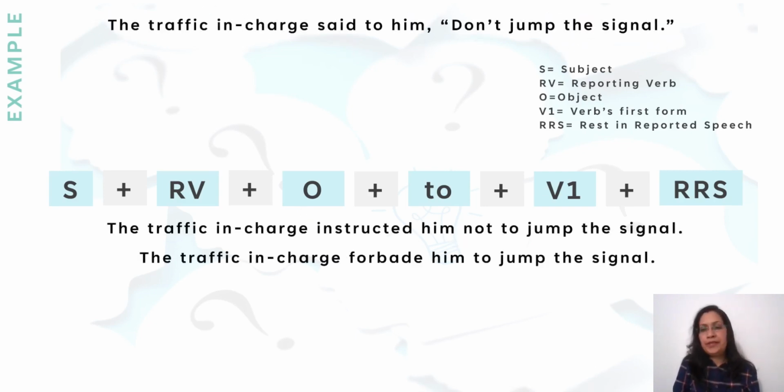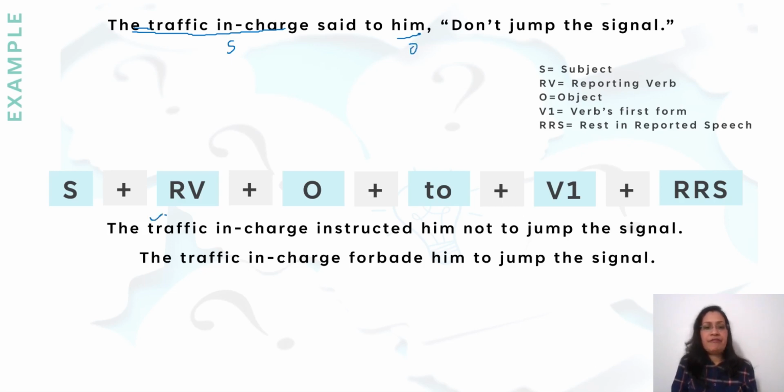This is a forbidden sentence, children. The traffic in charge said to him, don't jump the signal. This is a forbidden sentence and a negative sentence. How are you going to write it? First identify the subject. The traffic in charge. Here the subject is traffic in charge. Object is him.